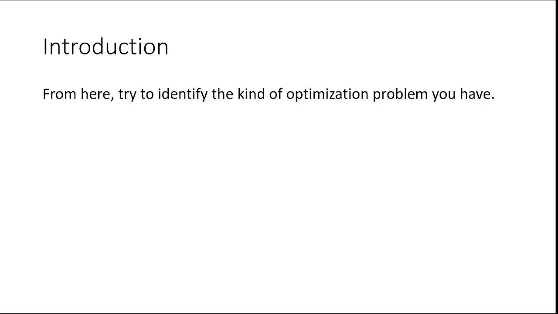From here we then try to identify what kind of optimization problem we have. After we determine the objective function, the decision variables and the constraints, we can look at the type of optimization problem we have. But this is kind of like a back and forth process. After determining your constraints, when you determine the kind of optimization problem you have, it might require that you go back and add some more constraints.